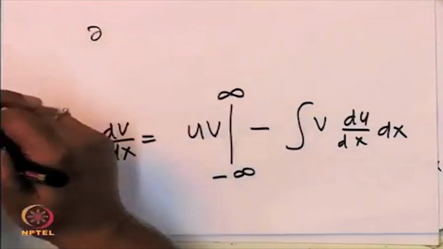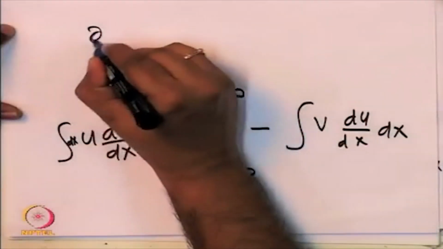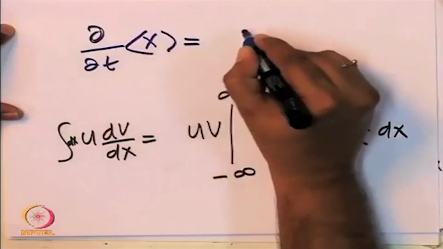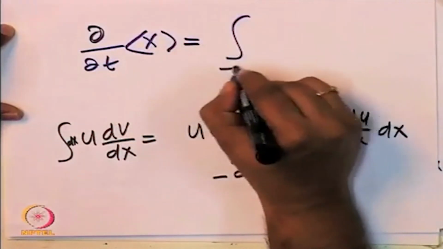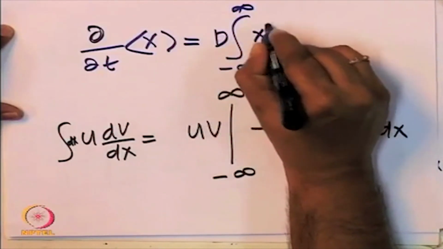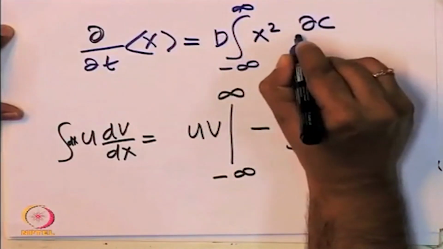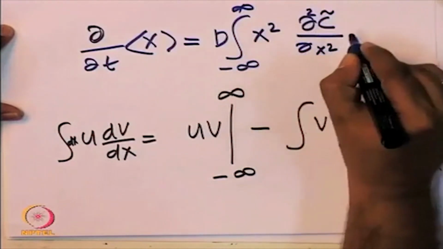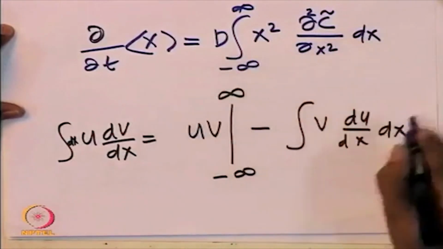del by del t of x average is equal to integral minus infinity to infinity d times x square del square c tilde by del x square dx. This is what we had.